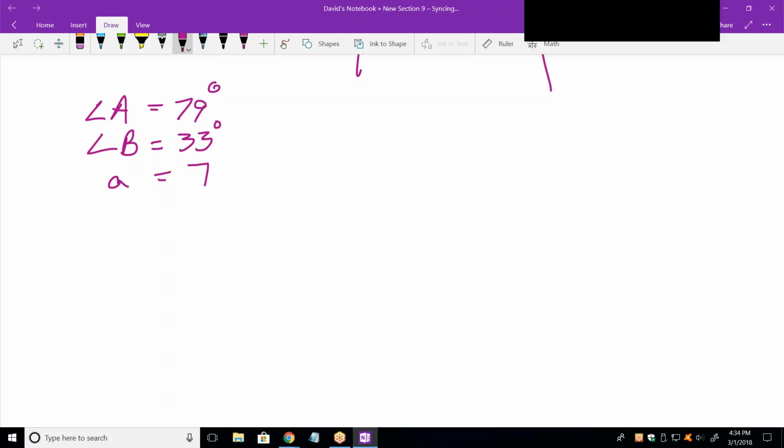Okay, and let me just draw a quick picture of what I'm talking about here. Let's say that's 30 degrees. That side is 10. That side is 8. So it's angle side side.